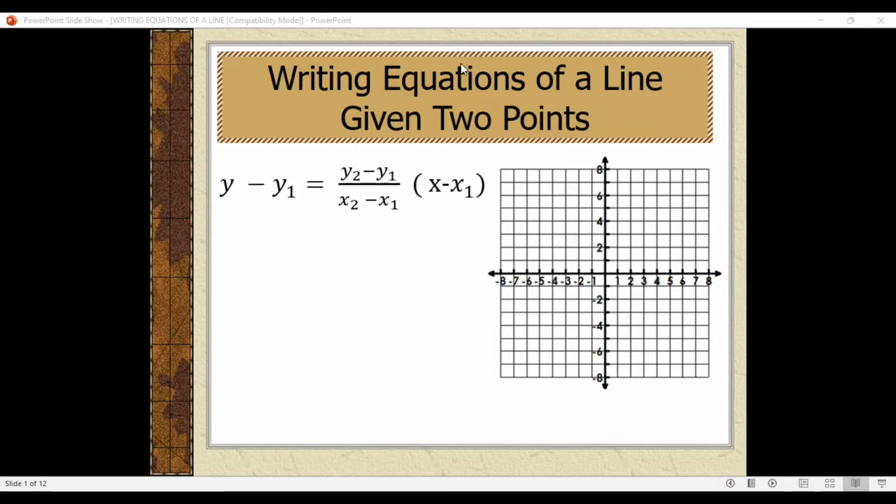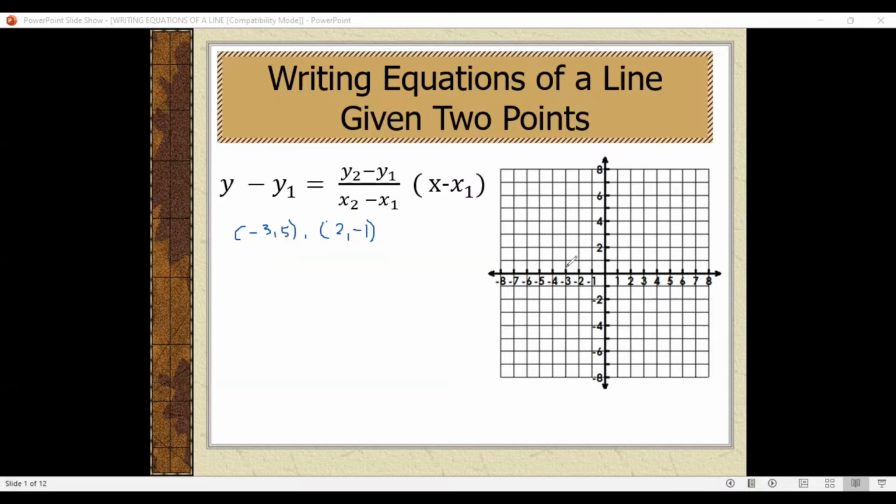So we know that 2 points determine a line, which means that if you are given, for example, this Cartesian plane, and we are given 2 points, let's say for instance, (-3, 5) and the other one is the point (2, -1).